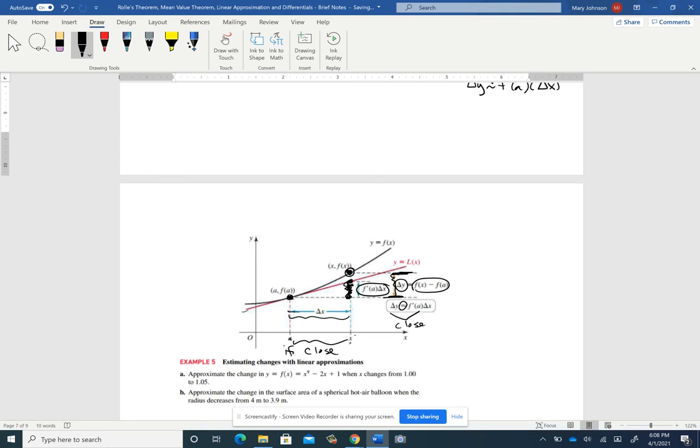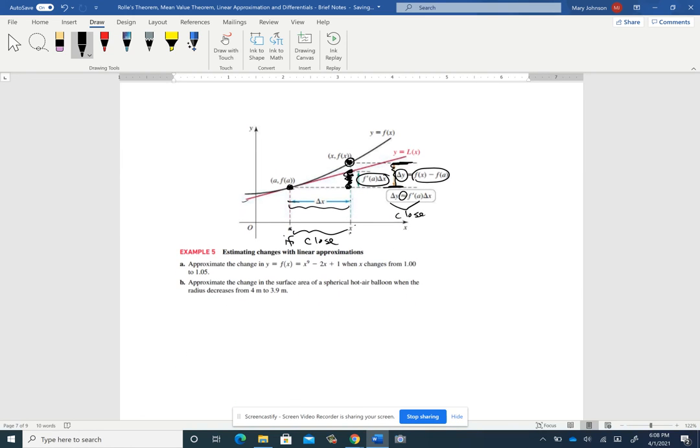Here's the kind of problem that you could do as a result of that. It says, approximate the change in y for the function defined by x to the 9th minus 2x plus 1, when you change x from 1 to 1.05.